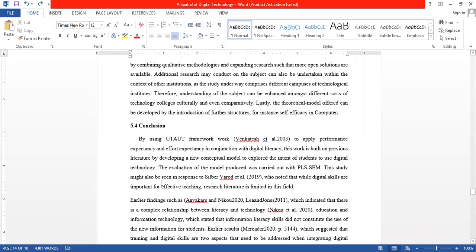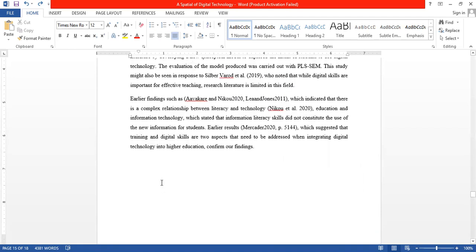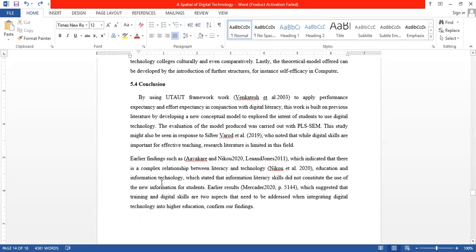In short, you will also guide future research on which variables they need to focus. The variables which you skipped, or which you were not able to add in your research, you can give suggestions for those, so that future researchers can use those variables for conducting their research.